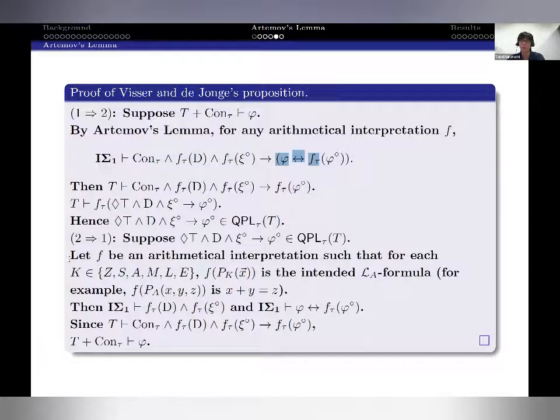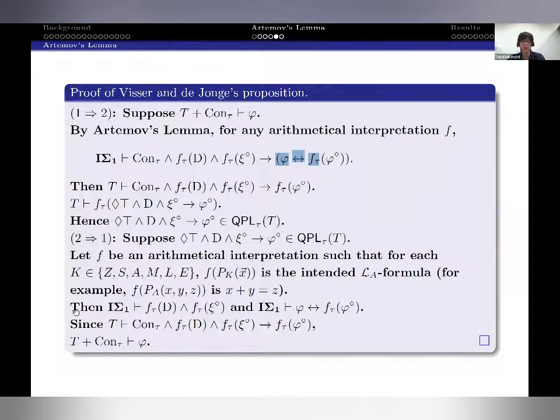Then let F be an arithmetical interpretation such that for each K in this set, F of PK is the intended arithmetical formula. For example, F of PA of XYZ is X plus Y equal Z, because A stands for the addition, 0, successor, addition, multiplication, and so on.